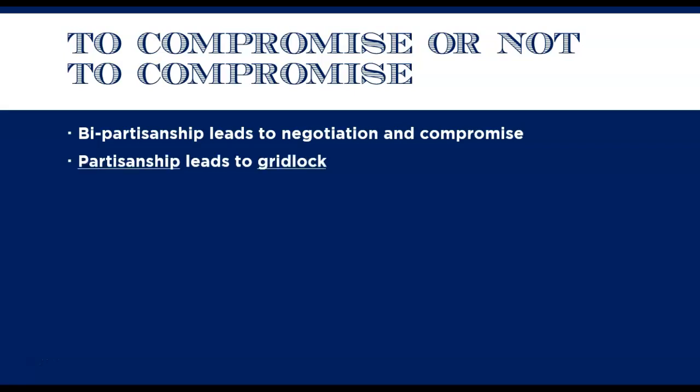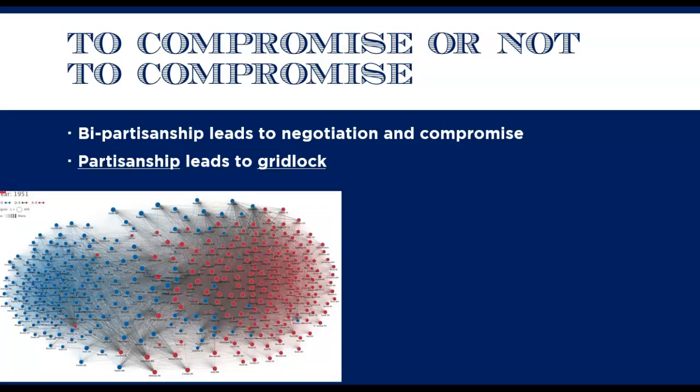But when you have partisanship, this leads to gridlock. So you have your two groups. This graphic here shows them kind of intermingling, working with each other. This is bipartisanship, okay? Whether it be through log rolling or pork barreling or riders, they're working together. They find ways to pass things, and they pass. I'll vote for something that's not along the lines of my party, whether it be for personal gain or whatever.